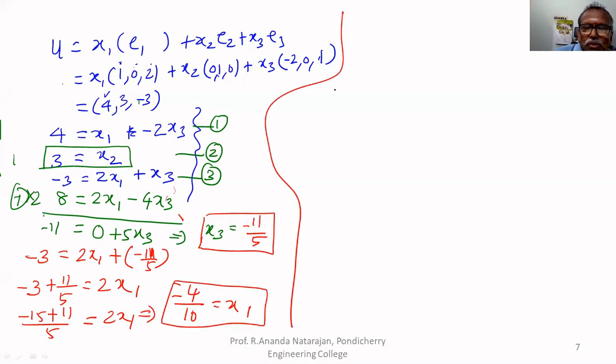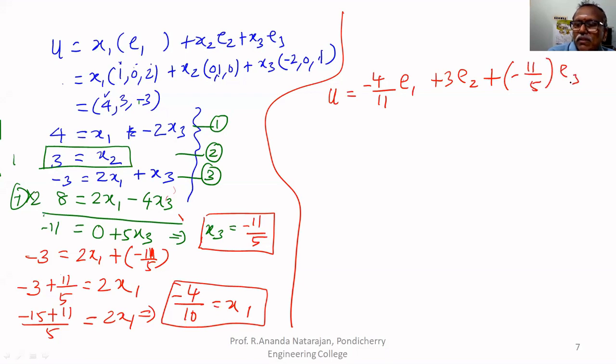So U equal to x1 E1. x1 equal to how much? Minus 4 by 10, E1. x2 equal to how much? 3, 3 E2, plus minus 11 by 5 E3.